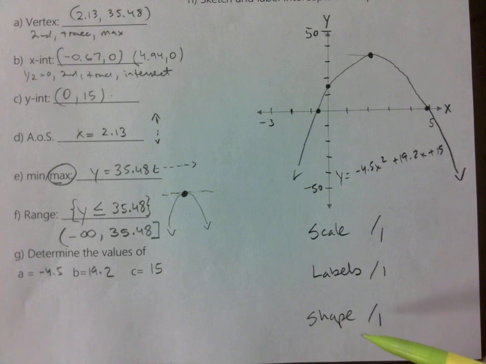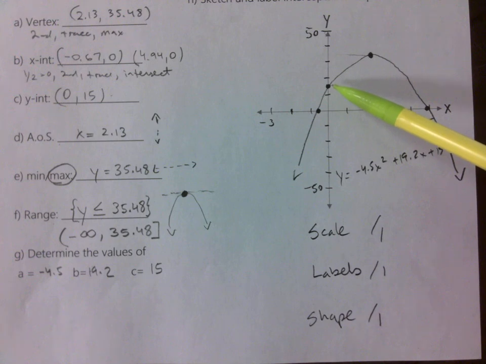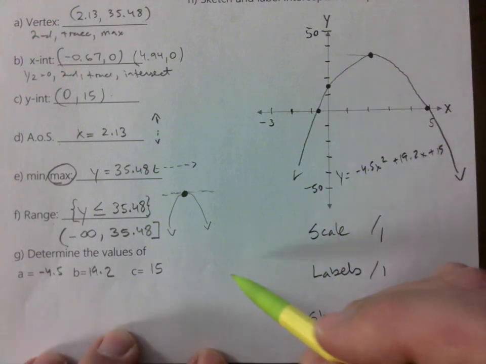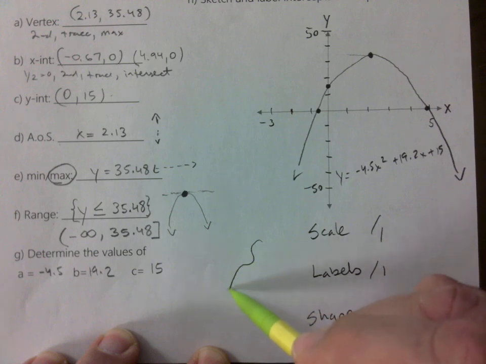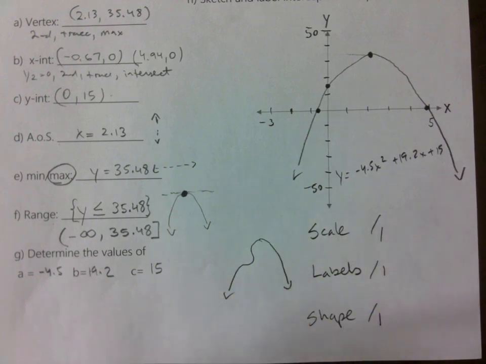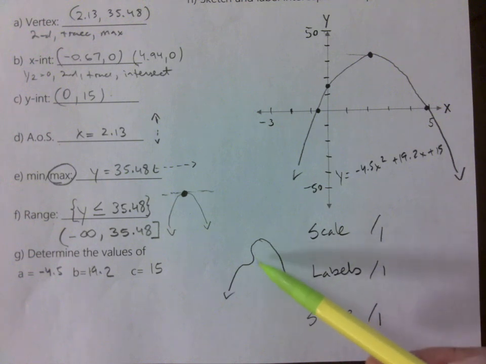What does shape mean? The points need to be approximately where they're supposed to be. So if one of these is way off somewhere here and you're doing some kind of weird parabola that looks like this, which I hope you'll never do, the province would consider it as a -1. It has to have that general shape that we're looking for.